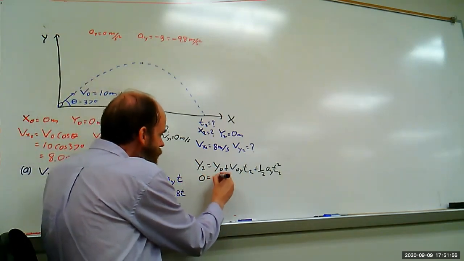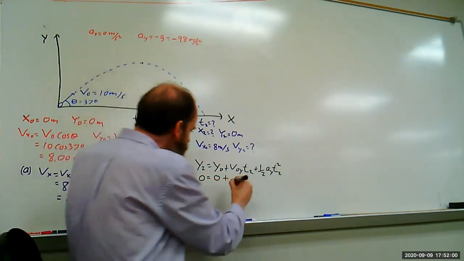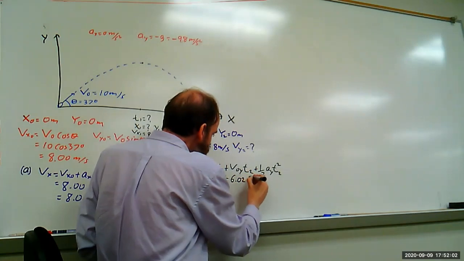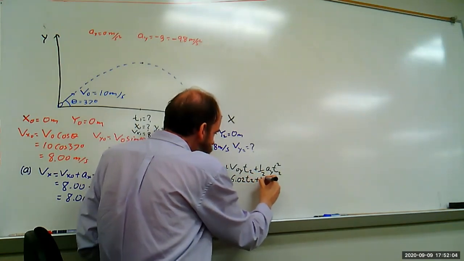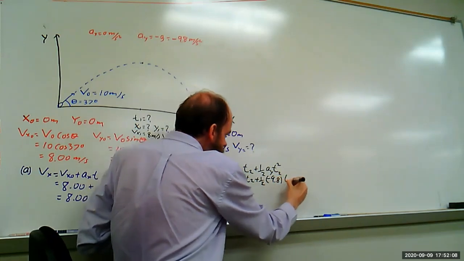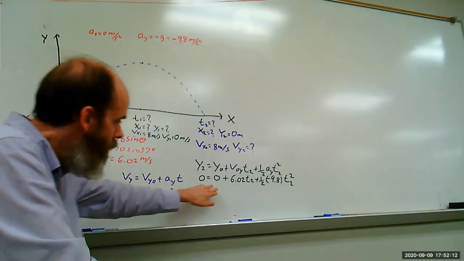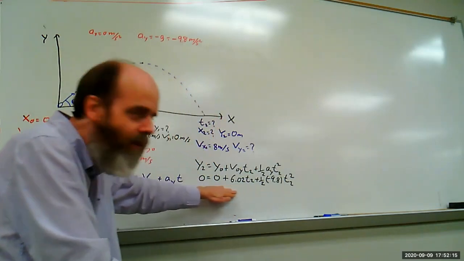0 equals 0 plus 6.02 t2 plus 1/2 negative 9.8 t2 squared. We have to solve for t2.